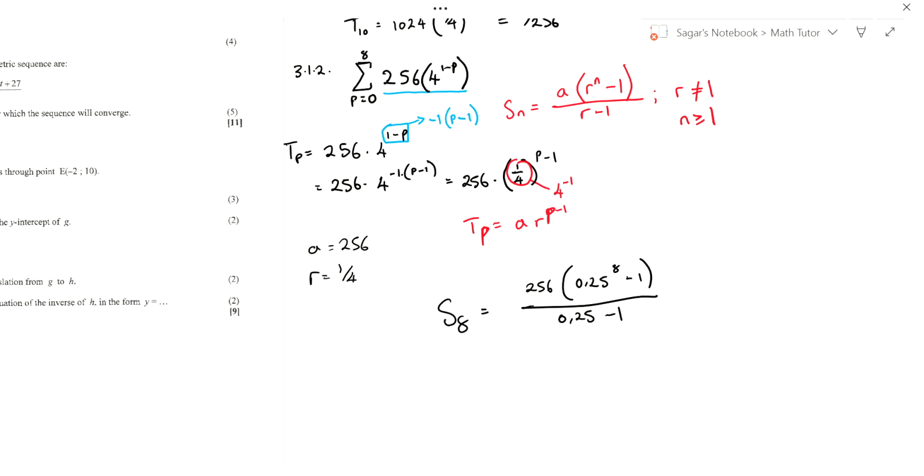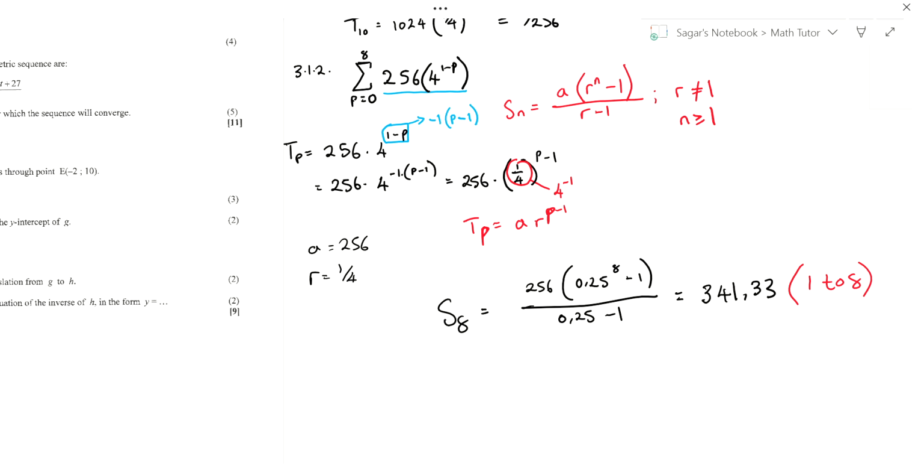And that should equal, let's see, put that into a calculator. That is equal to 341.33. Now this is only the summation from 1 to 8.